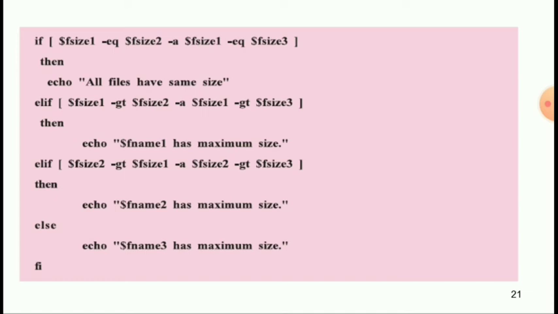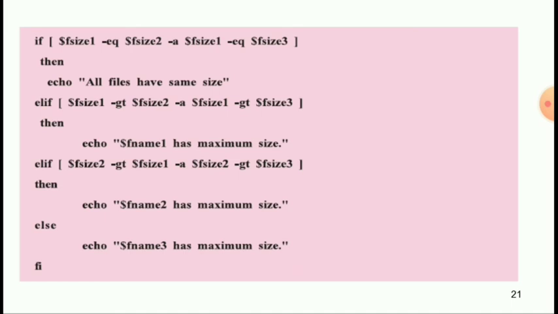And then next is elif, otherwise, [ $fsize1 -gt $fsize2 -a $fsize1 -gt $fsize3 ]. Then the message displayed is echo $fname1 has maximum size. Elif $fsize2 -gt $fsize1 -a $fsize2 -gt $fsize3, then the message displayed is echo $fname2 has maximum size.